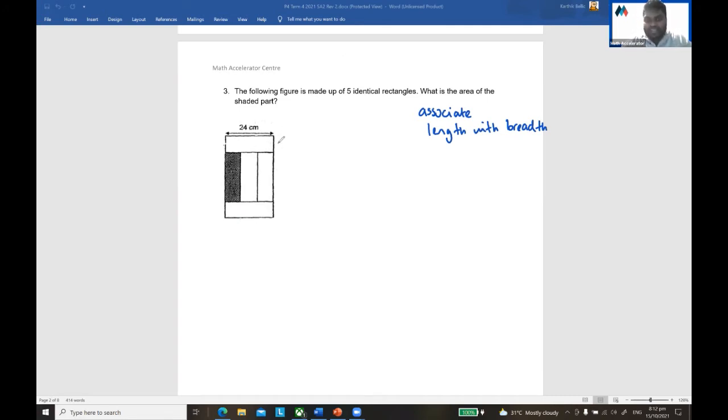So what I would like to do is I'd like to put down B over here, B over here, B, B, here also B, B, B, and here also B, B, B. Okay, so once I put this, right, I'm trying to identify as many breadth as I can over here. Okay, so to point it to you clearly, right, I'm just going to erase some of it. Okay, now you know that the length, okay, write down length is 24 cm.